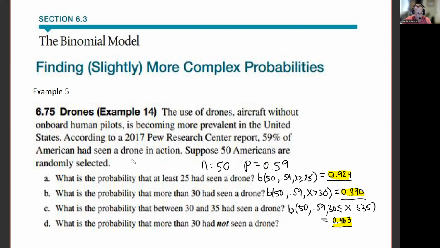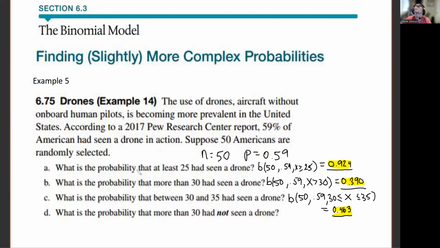And finally, in part D, what is the probability that more than 30 had not seen a drone? If the probability of success is 0.59 and success being had seen a drone, now we want the probability that we had not seen a drone. So this success would be not seen a drone. And so that probability is 1 minus 0.59, which is equal to 0.41.